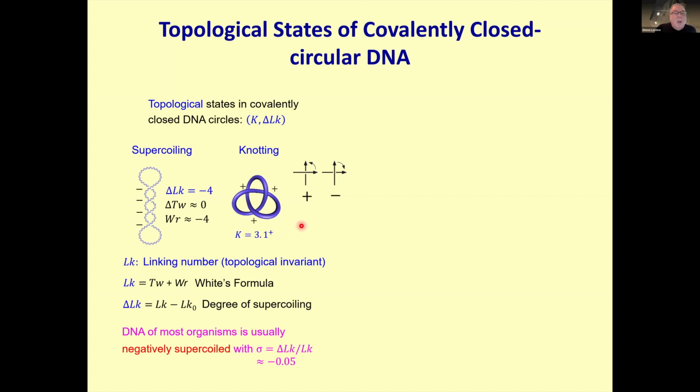And that topological sign actually turns out to be important in what I'm going to discuss today. Each one of these crossings can be either right-handed or left-handed, and correspondingly has a mathematical sign, either positive or negative.